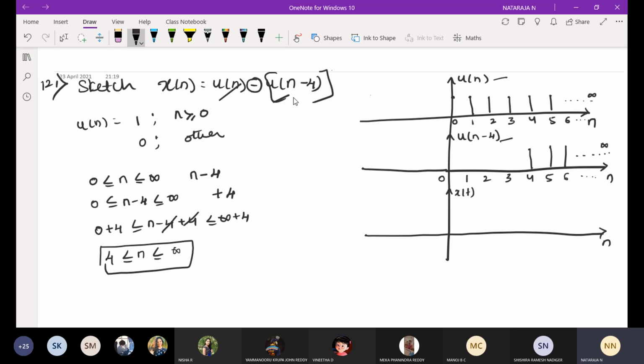At 0, we have 1 minus 0, you will get 1. At 1, 1 minus 0, so till 3 we will get the same. At 2, 1. At 3, 1. After 4, it will be 0. At 4, 5, 6, and so on, you will get 0. This is your x of n.